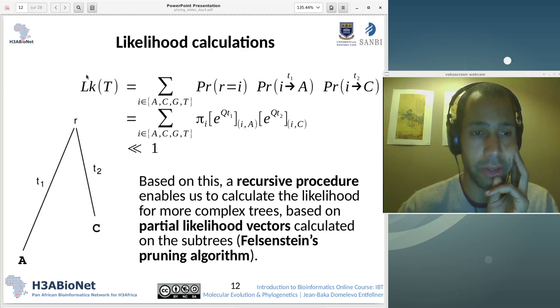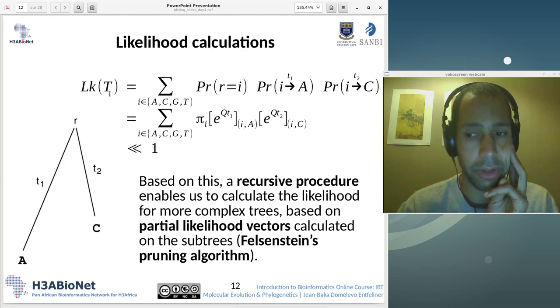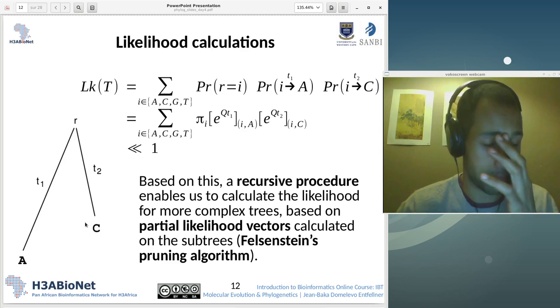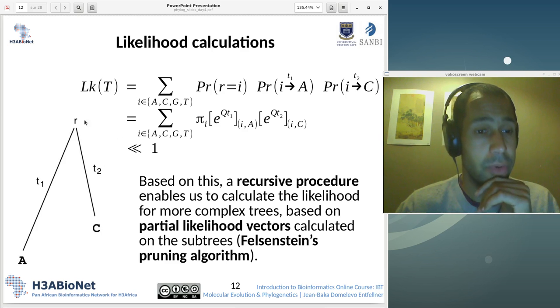What is the likelihood of the tree? It's the probability that this data, A and C, have been generated by this model. This model has time evolving from the root to the leaves A and C. What is this probability?